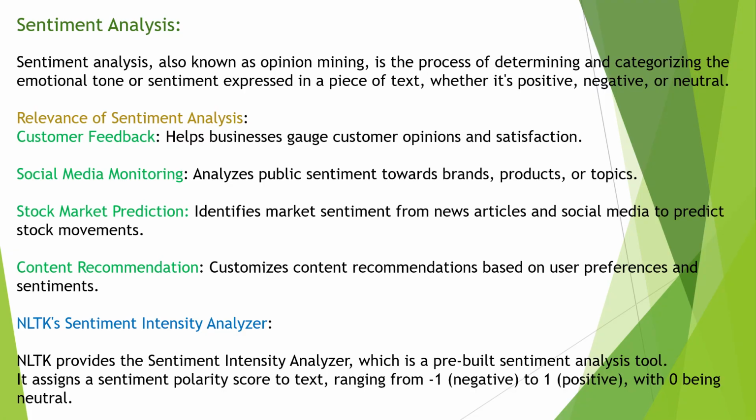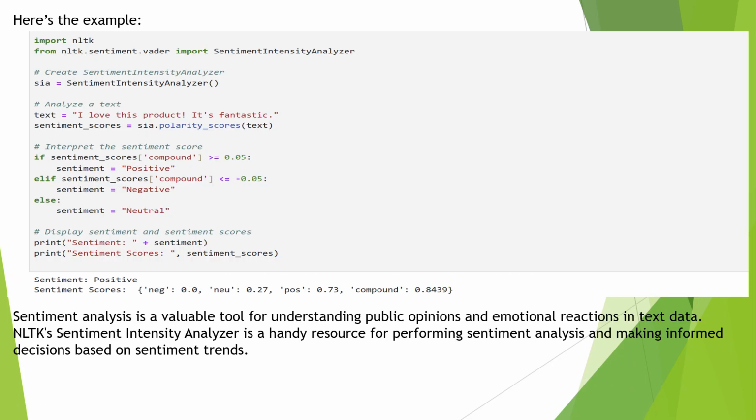Also, NLTK intensity analysis. You import the class, create an instance, and run it on any text. Let's see. So the output gives four scores like negative, neutral, positive, and a combined compound score. For example, let's say the product is amazing.